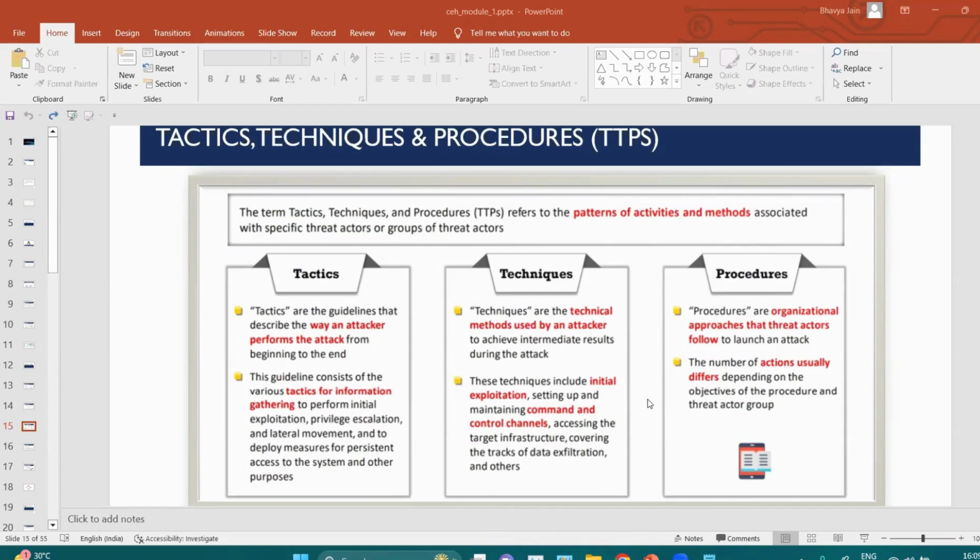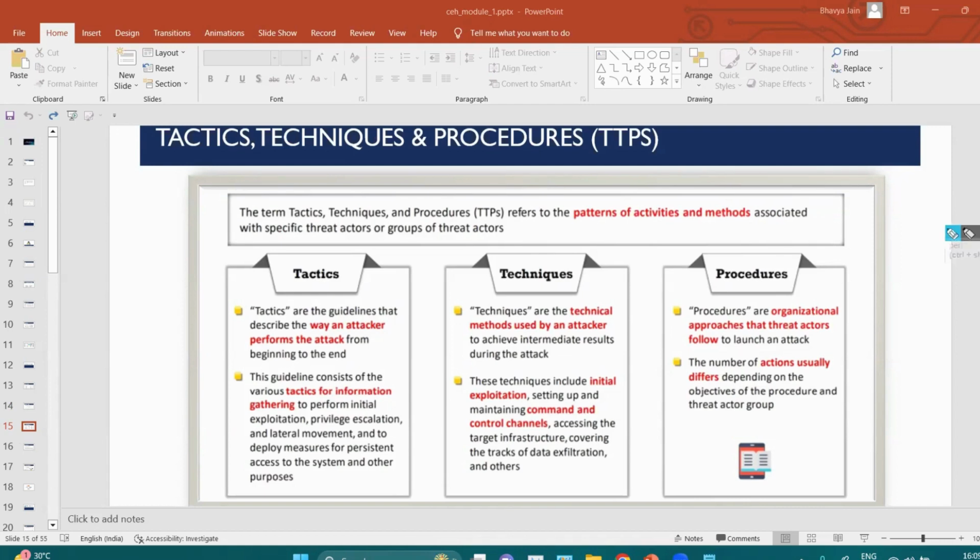That is why we have to keep on understanding the attacker methodologies, techniques, tools, and procedures. That is known as TTPs. That is why we consider this TTP, and it is very important to understand the behavior of the attacker.